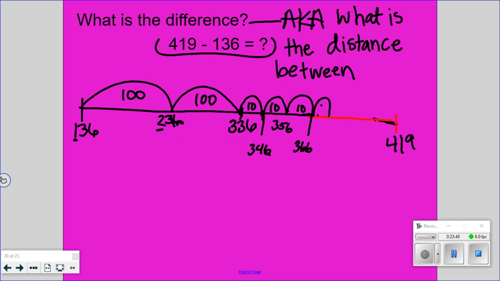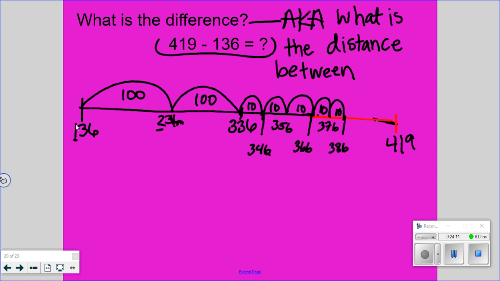I can keep going. Another 10. Mason? 376. There you go. Hey, I can keep going. Another one. Where am I at now, Jordan? 386.